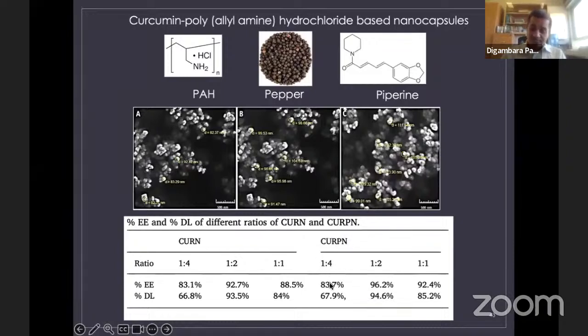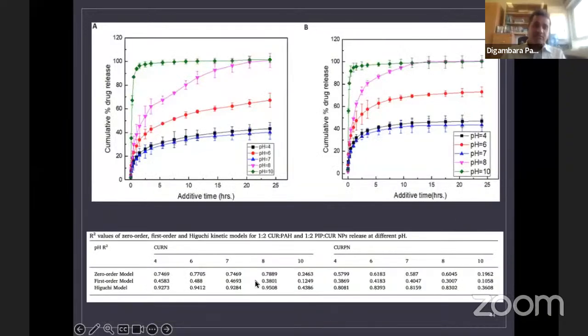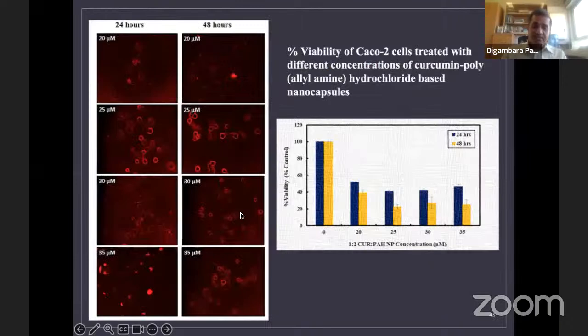So that is first. Second, when we tested their release kinetics, we really got a good release in the presence of piperine. The release of curcumin to the cell improves in the presence of piperine. And then the killing of cancer cells is also much better.